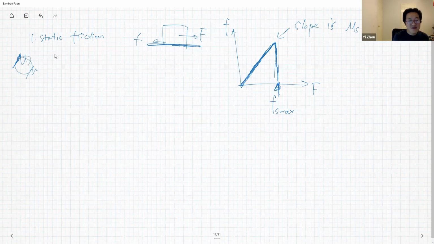So it's mu s. Mu s is the friction divided by the force, which means you can find the friction by using mu s times F. I mean, you have to use the max friction.